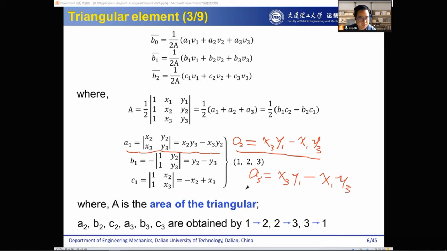In this way we obtained A3. So although we have a lot of equations, there's a rule here. You don't need to remember all the equations. You just need to remember these 3, and then you can get the other 6 equations.